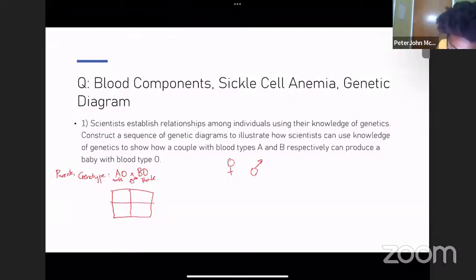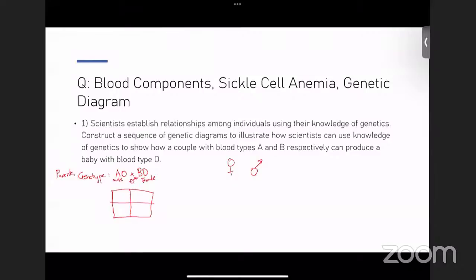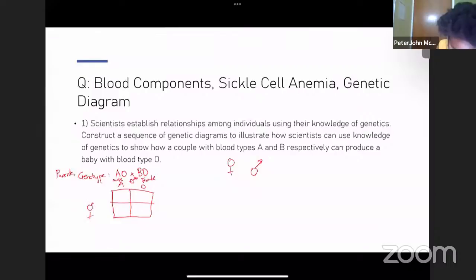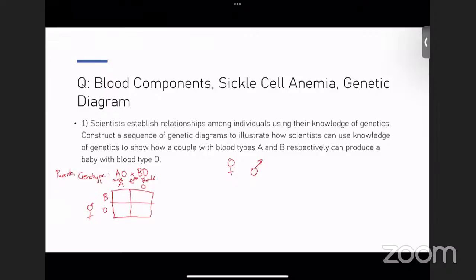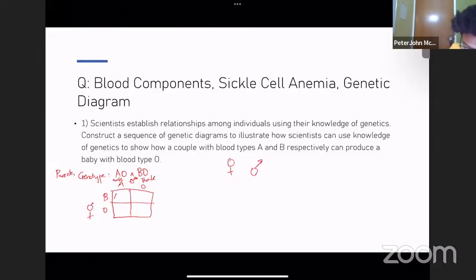So I put A here and then O here, is that correct? Yes, sir. After putting my symbol, what do I put here? BO. Right. So when I'm crossing them, what do I get in this slot? You get AB.